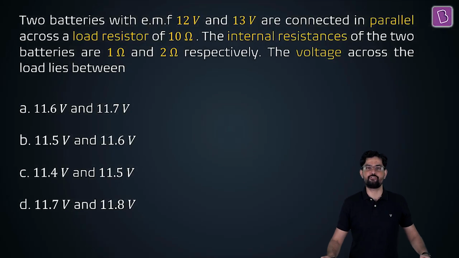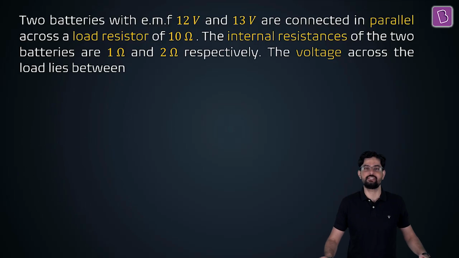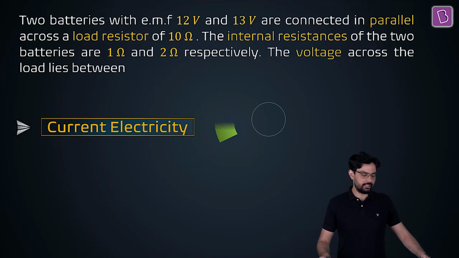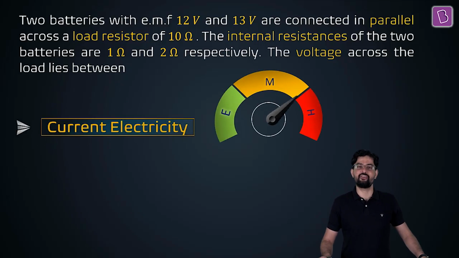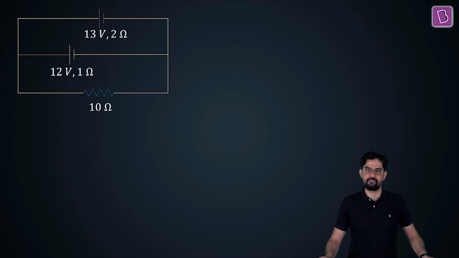The combination of two batteries in parallel is connected to a load resistor. You simply have to find out the potential difference across the resistor. So a simple problem based on current electricity where the level of difficulty is easy. You can go about this via two methods.